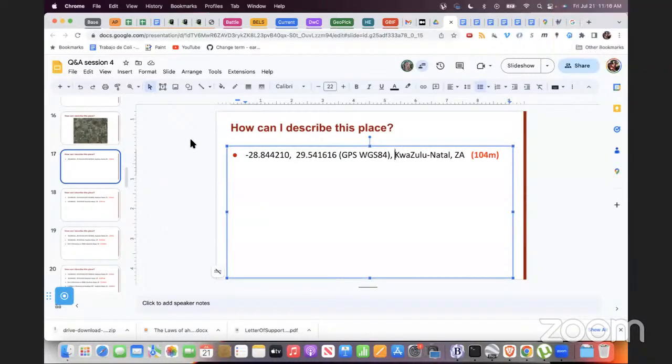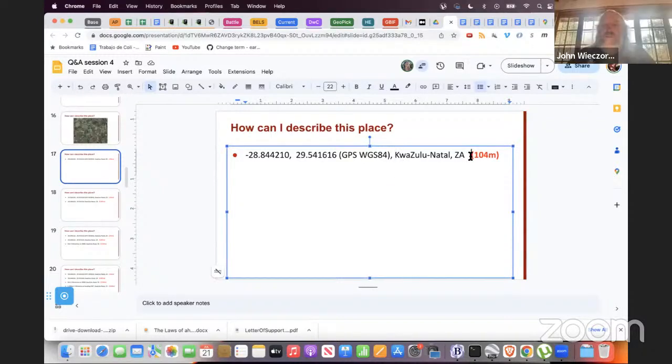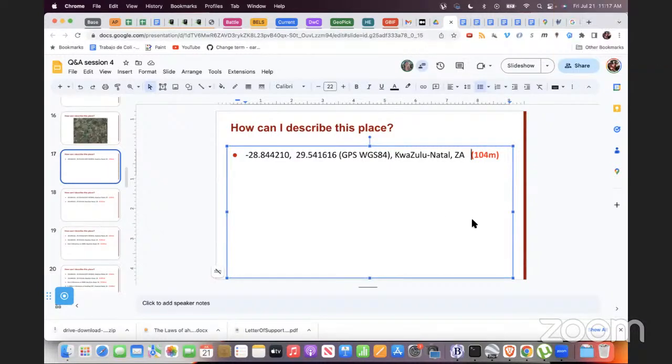John, what is in the brackets there? 104 meters. I can see some 104 meters in red. This is the uncertainty that I arrived at when I did the calculations. Okay, but unfortunately, we are unable to get the dates for which these coordinates were picked.